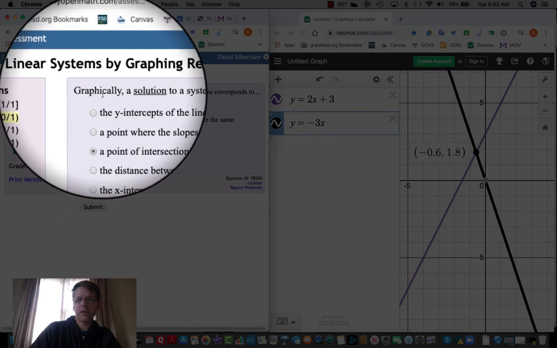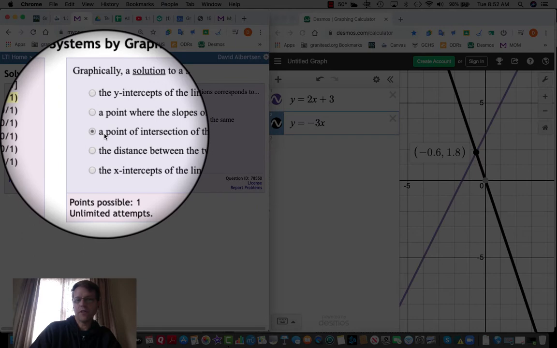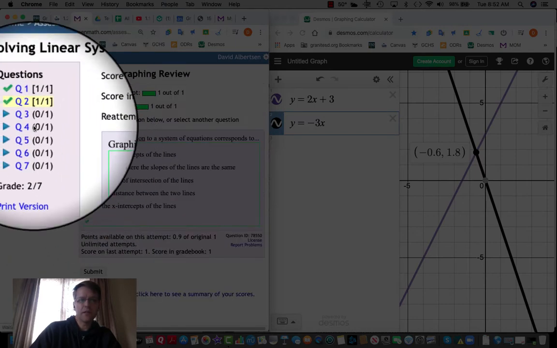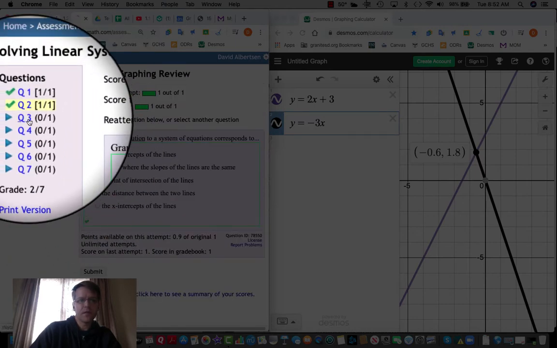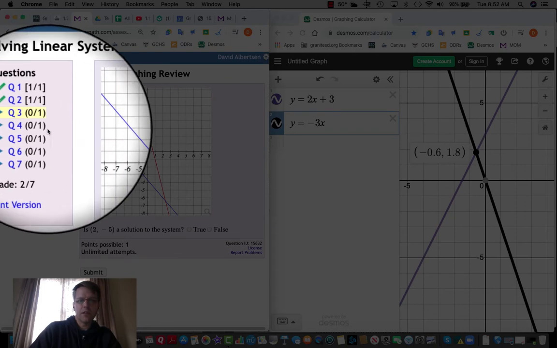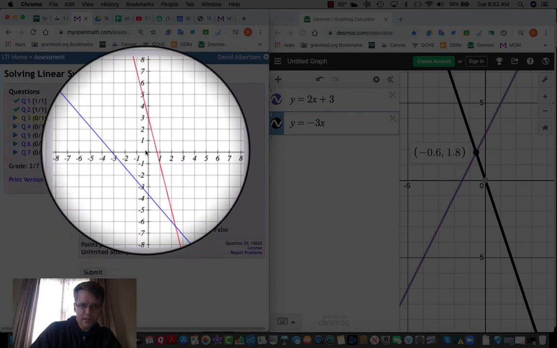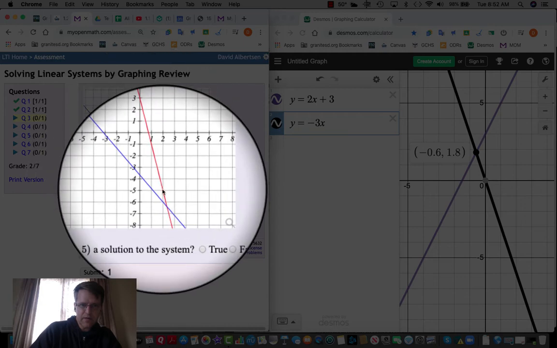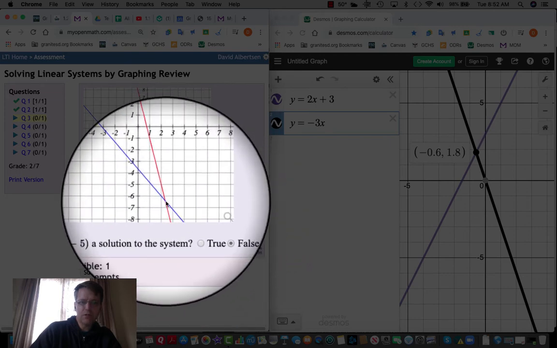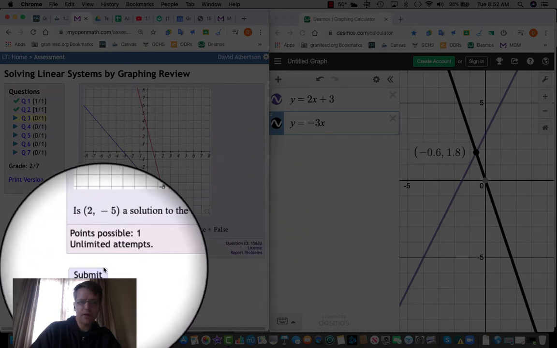It's where the two meet. Cool. How about this one? Is 2 comma negative 5 a solution? Let's see. 2 comma negative 5, that's right here. Is that a solution? No. The solution's down here, a little further down and to the right.